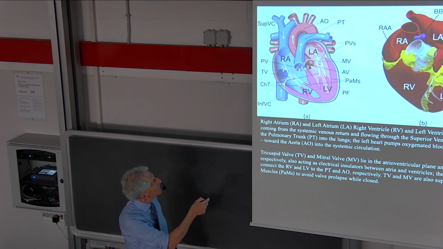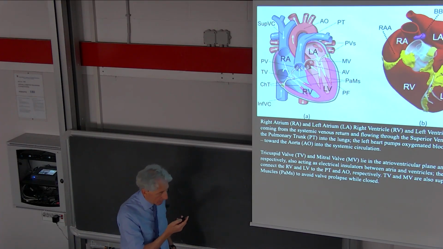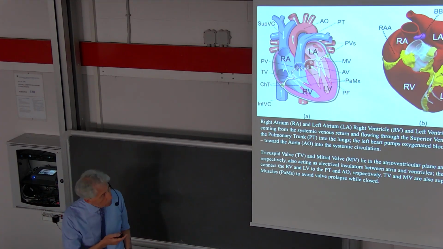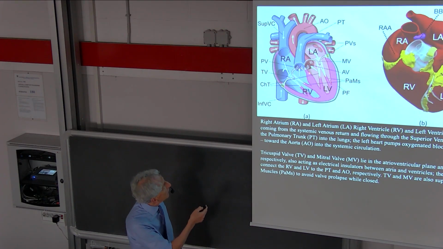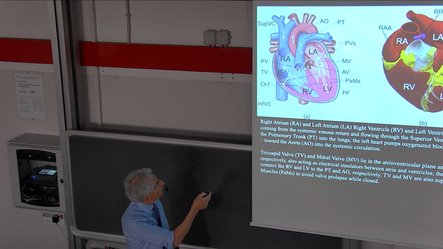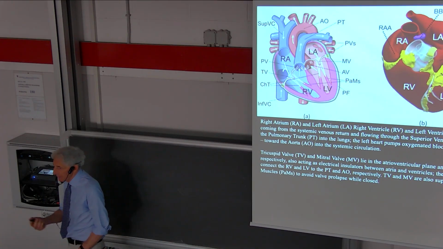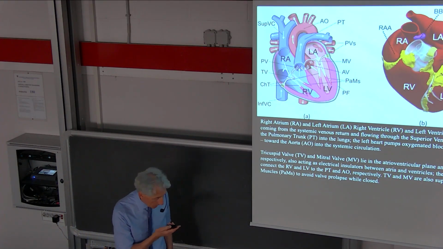When there is the systolic phase, which means the contraction of the heart, remember that every second of our life we have contraction and relaxation of the heart, the blood that is in the right ventricle will be ejected into the pulmonary artery, and it goes to the lungs, where it releases the CO2 and the other toxic substances, and it takes in oxygen, and brings it back to the heart.